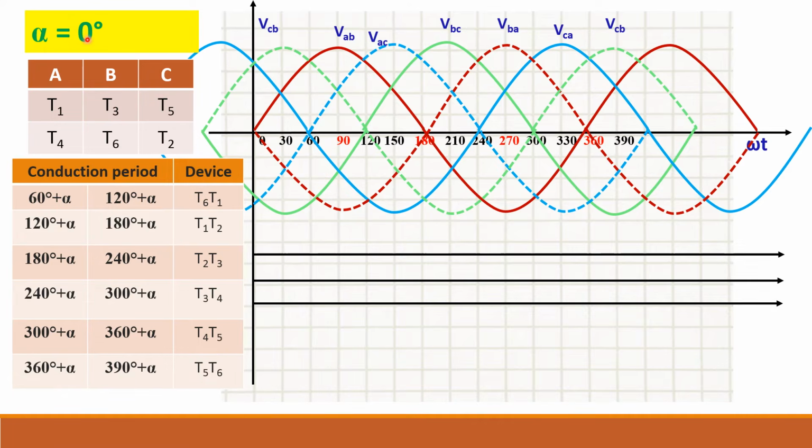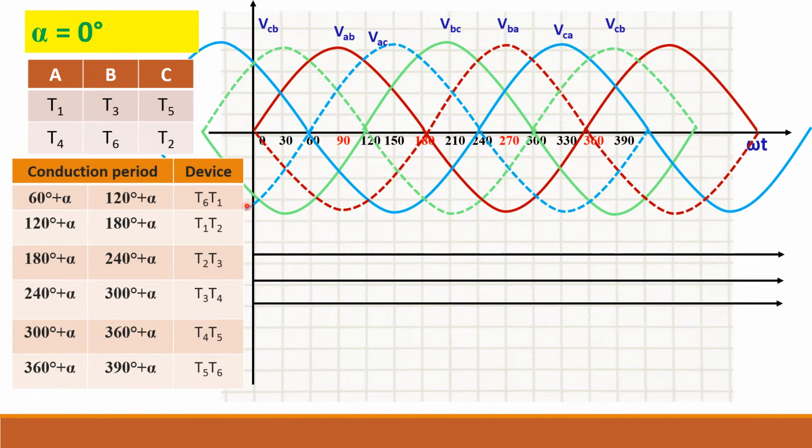In this case alpha is 0. So 60, add 60 to it, because each combination will conduct for 60 degrees and each device will conduct for 120 degrees. So 60, here you will get 120. So fill up the table.